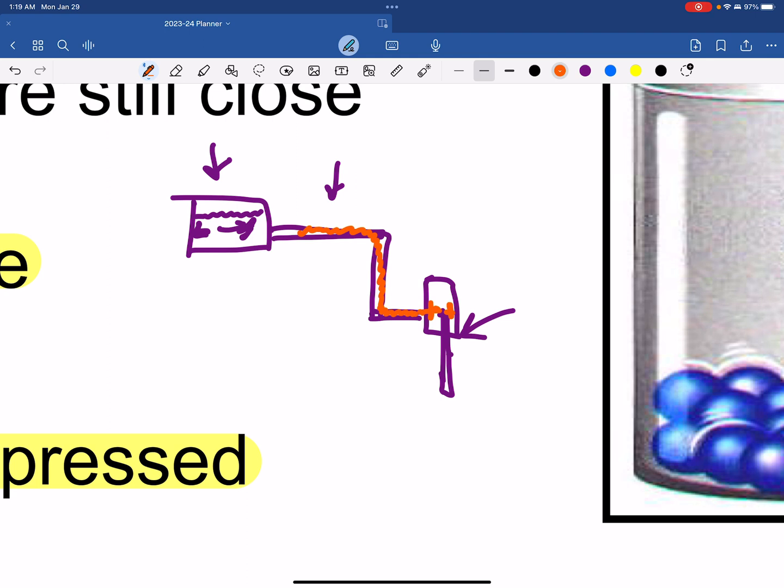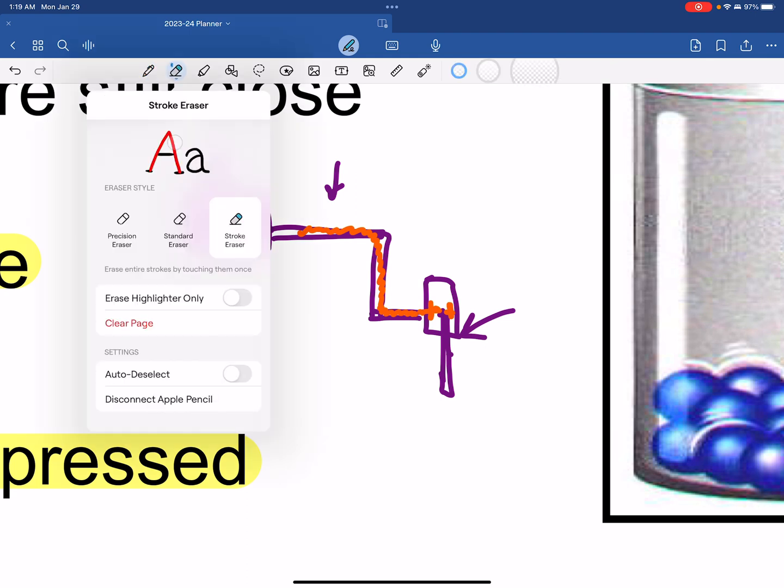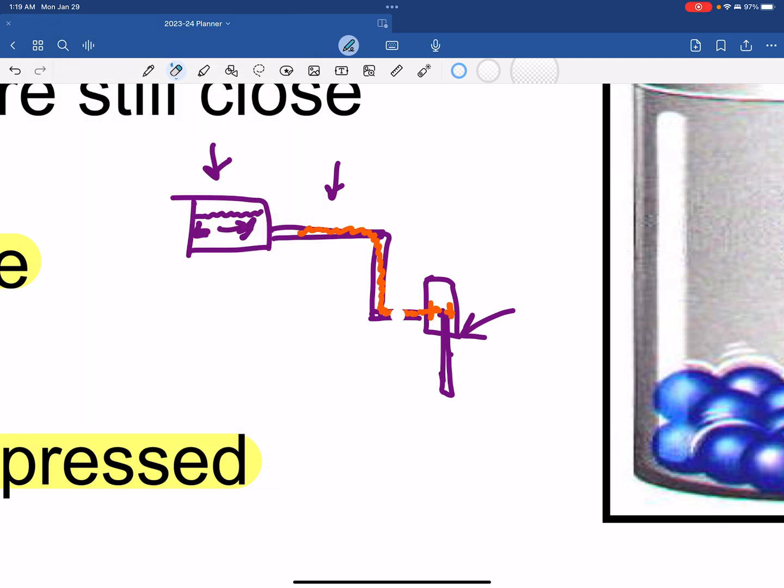If you're ever driving and you feel like you're putting your brake pedal all the way down to the floor, or a lot of people describe it by saying that it feels kind of spongy, okay? If that ever happens, more than likely what has occurred is you have little air bubbles inside of your brake line.